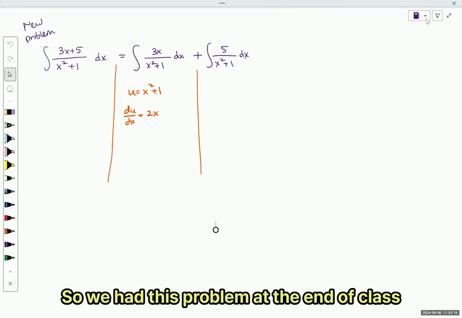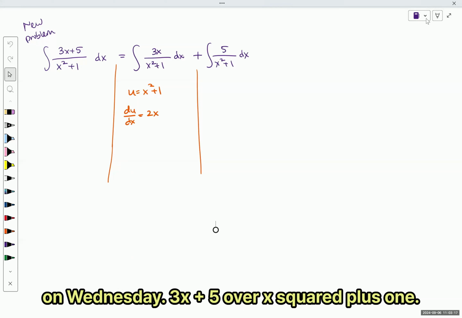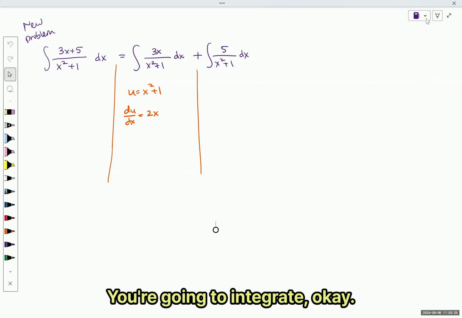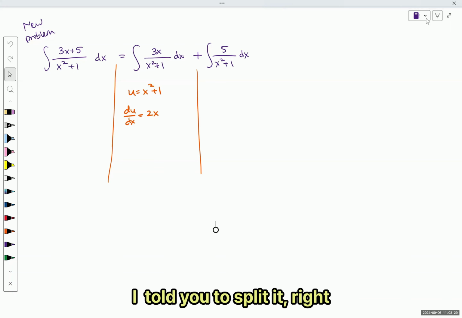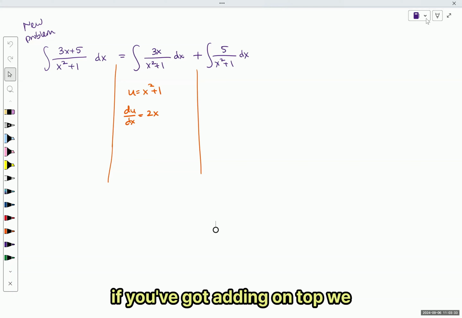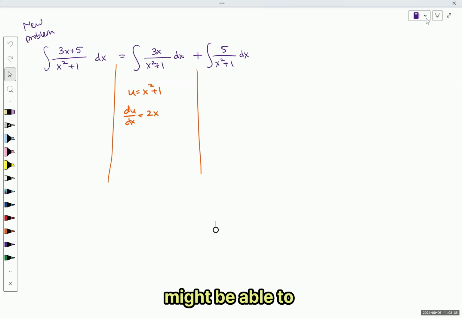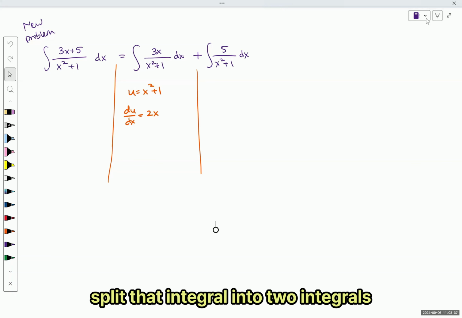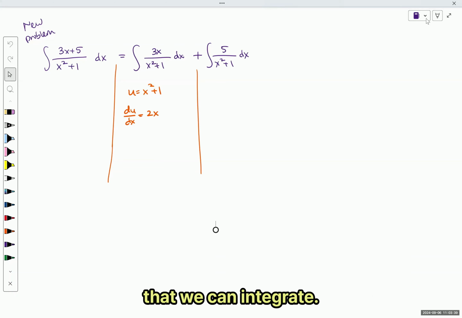So yeah, this problem at the end of class on Wednesday: integrate 3x plus 5 over x squared plus 1. And I told you to split it. If we've got adding on top, we might be able to split that integral into two integrals that we can integrate.